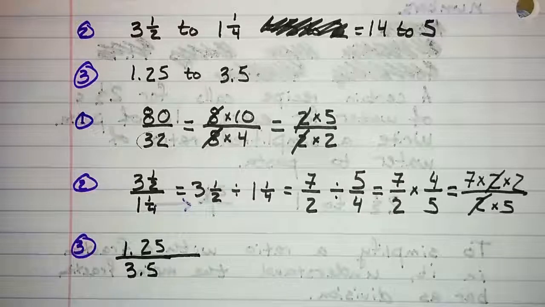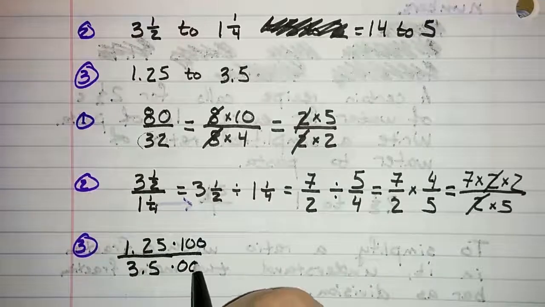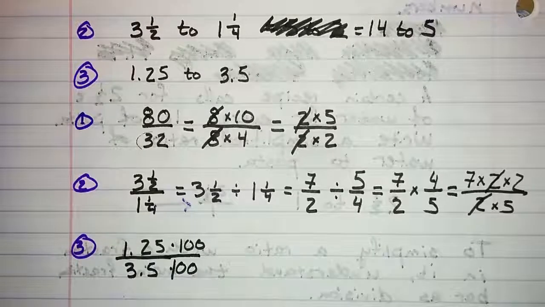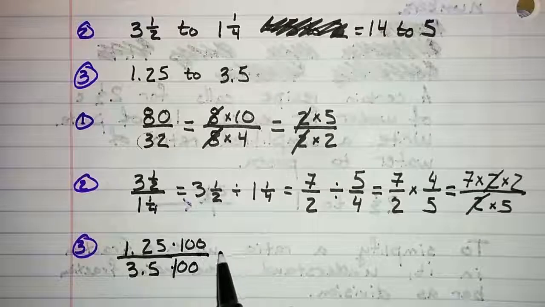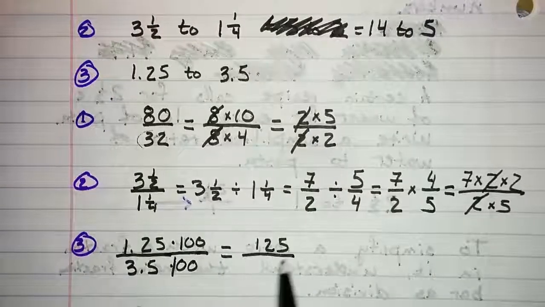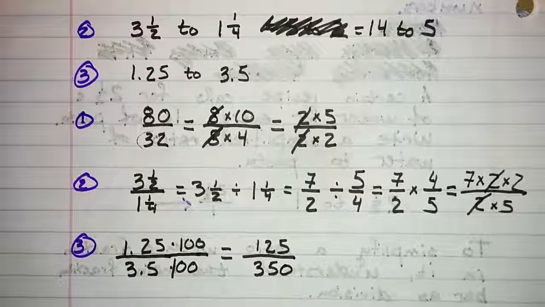The bigger one is a 1 followed by 2 zeros. And again, I need to multiply both by the same thing because it's a fraction. So I'll have 125 over 350.